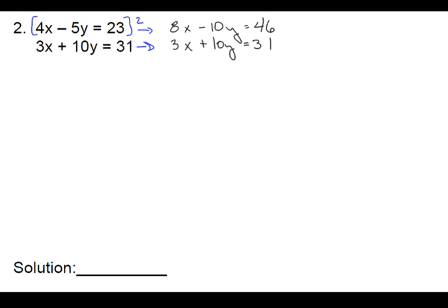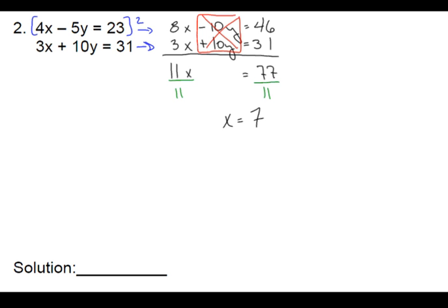Now I add straight down, and I have 11x. My y variable has been eliminated because positive 10 and -10 add to 0. 46 and 31 gives me 77. I now divide by 11. X is equal to 7.